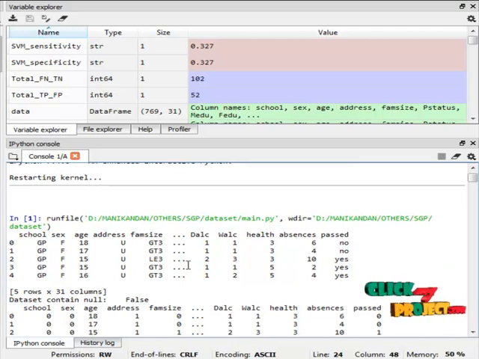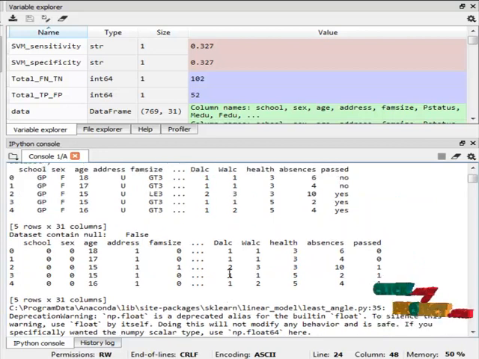This is the sample dataset of student grade prediction, and this is the label encoder pre-processed dataset.